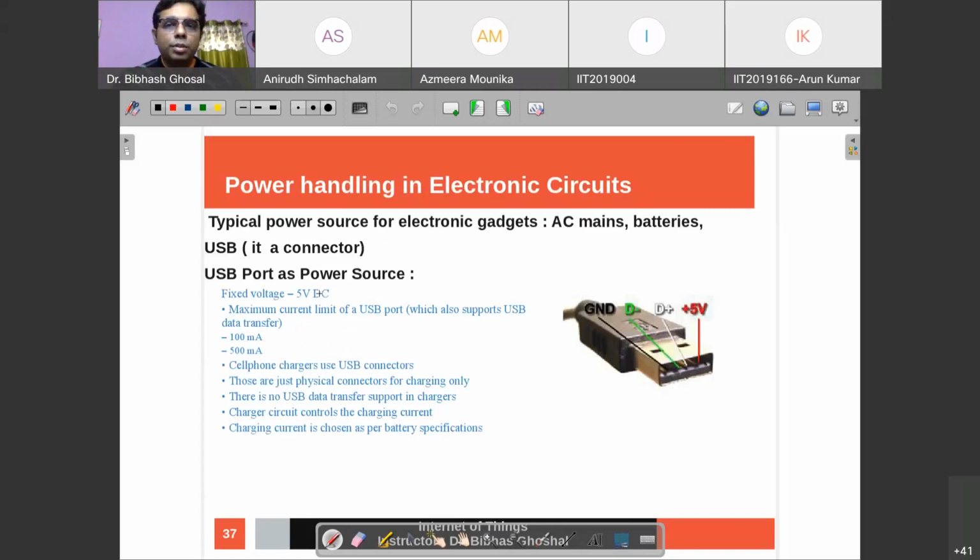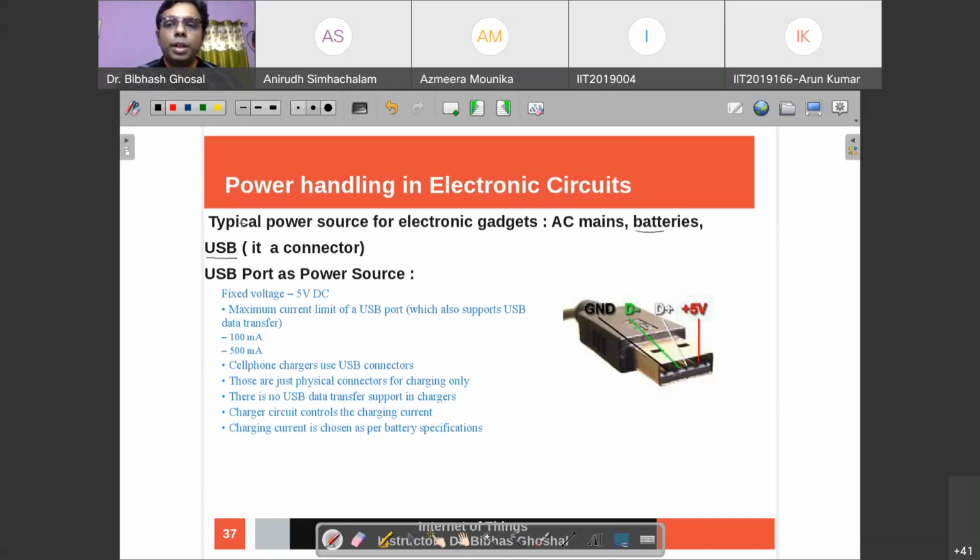Majority of the times we see that in the case of low power electronic devices, or the handheld devices, the gadgets that you work with, they typically use a power source which is either batteries, or today many of them use the connector itself as a power source.